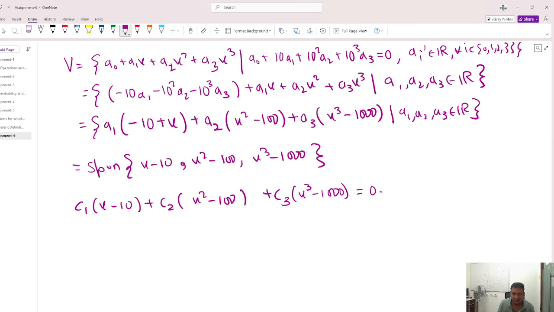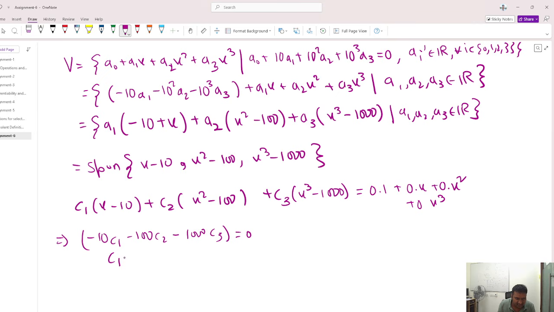So collect the coefficients. Minus 10 C1, minus 100 C2, minus 1000 C3, this quantity will be 0, and as well C1 will be 0, C2 will be 0, C3 will also be 0.